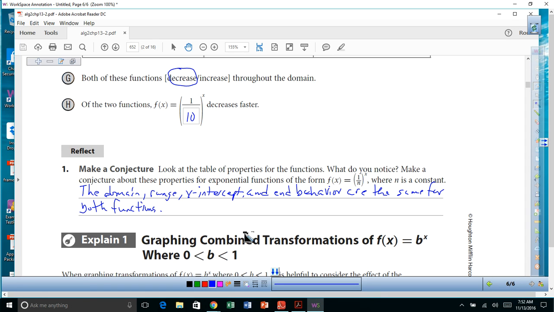What's different? Well, as n gets larger, the function approaches 0 much faster. The decline is steeper. You'll also notice that these properties are the same for all of those functions.